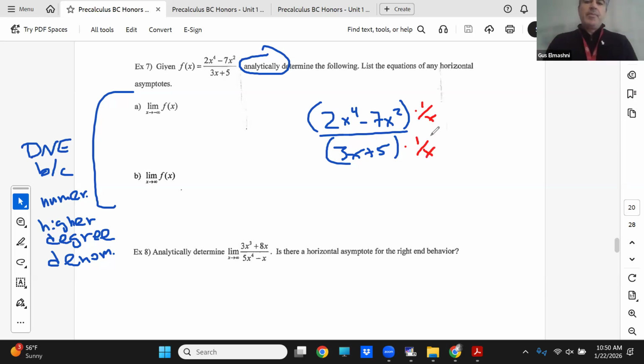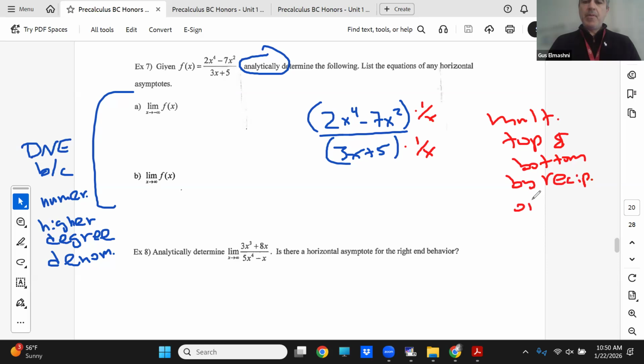So what you wind up doing is multiplying top and bottom by the reciprocal of the leading term of the denominator.